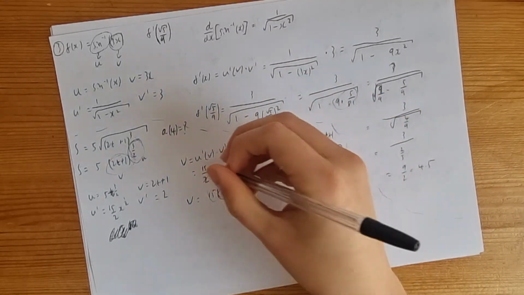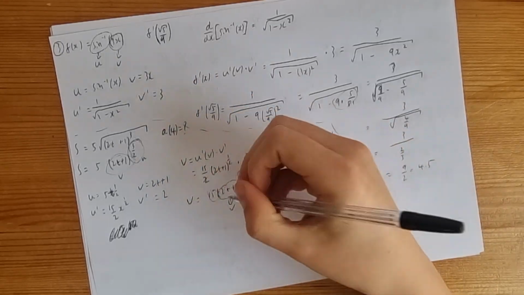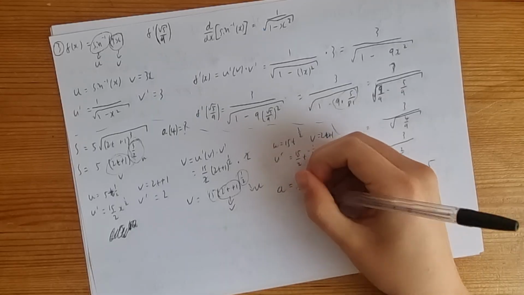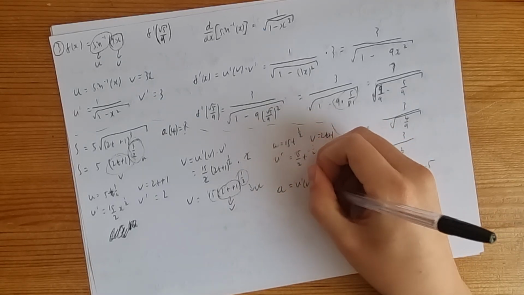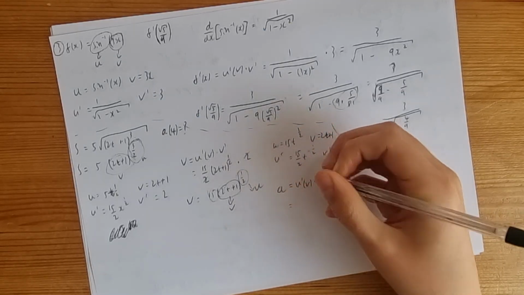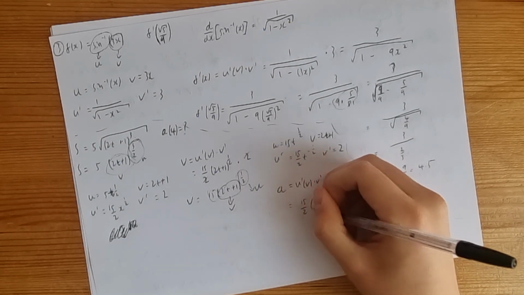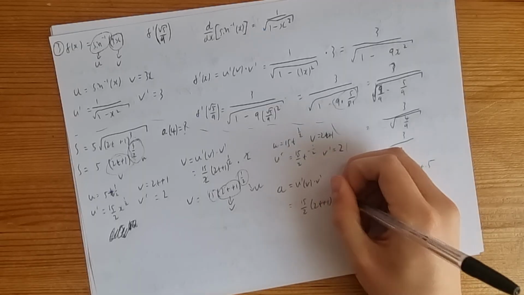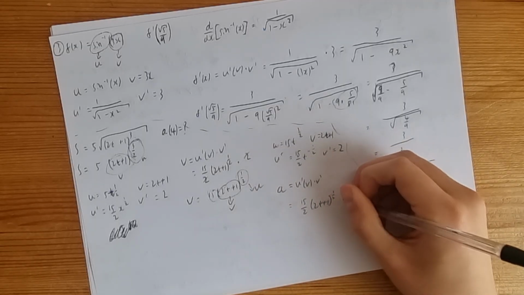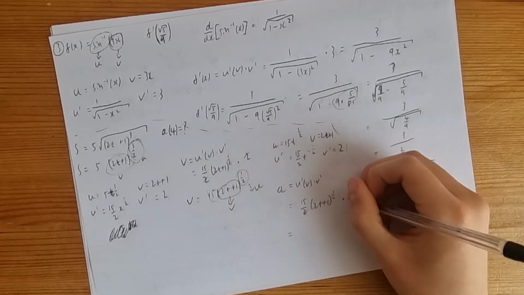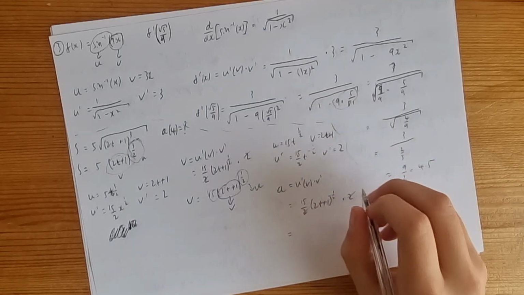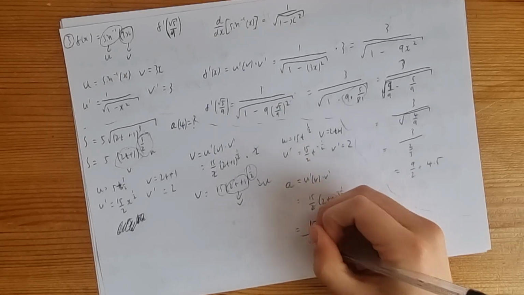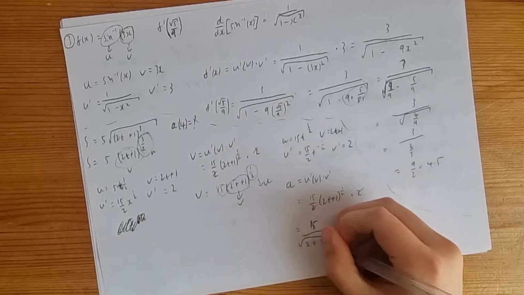So acceleration, which is the second derivative of distance, the derivative of speed, is equal to, by the chain rule, u prime of v times v prime, which is equal to 15 over 2. Now instead of the t, we're replacing it by v, which is 2t plus 1, to the power of negative 1/2, then times v prime, which is 2, so the 2s cancel out like last time, and so we get 15 divided by square root of 2t plus 1.